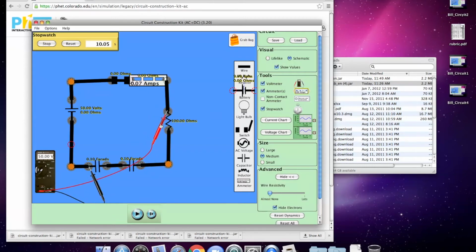That sounds like 6.7, but let's verify that. And you see, yes, it is 6.7 volts being dropped across the resistor because of the very low current being fed through that resistor.